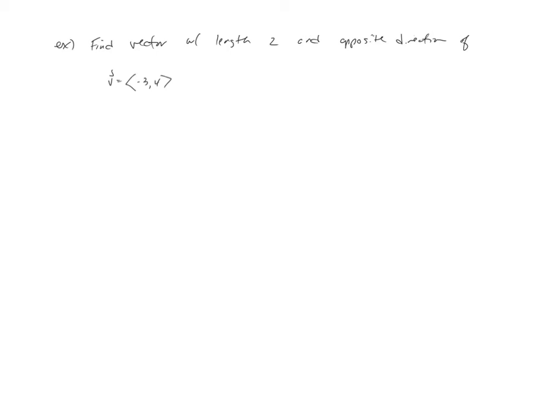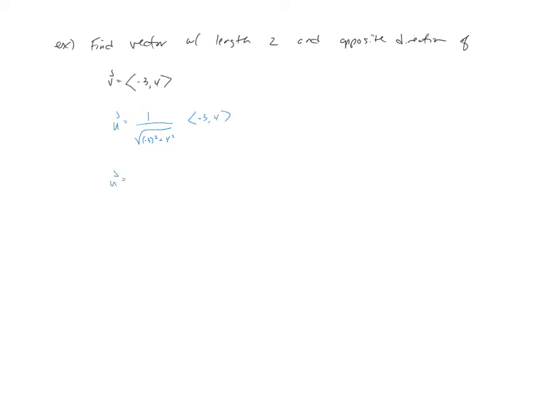And so I'll start here with v, and I'll create the unit vector with it. So the unit vector here would be 1 over the magnitude of v, which is going to be our -3 squared plus 4 squared, and then multiplied by v itself.